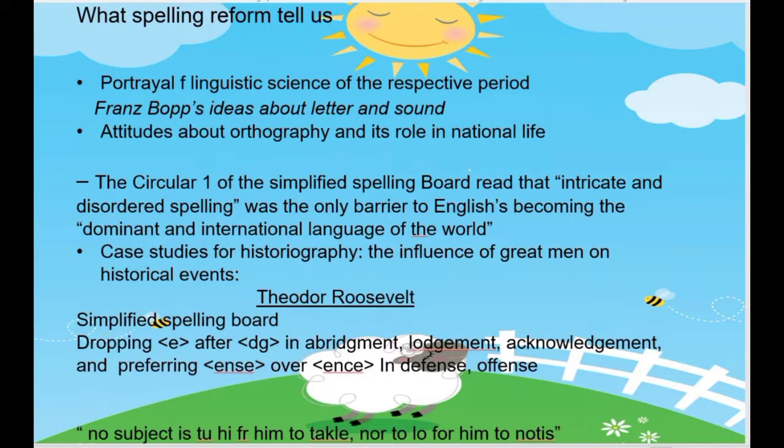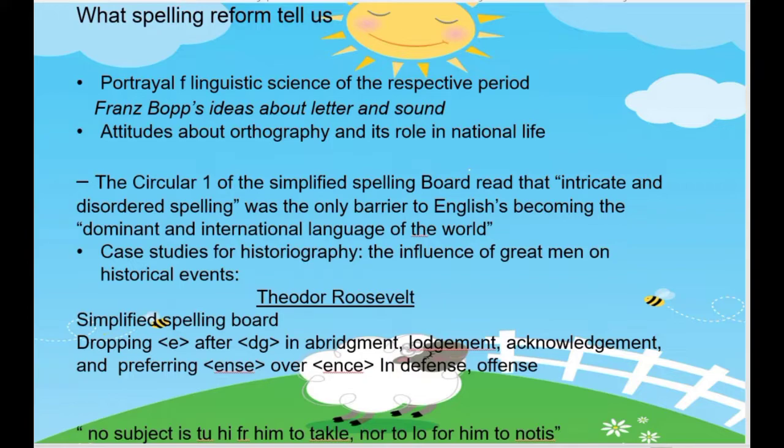Here we have the portrayal of the linguistic science of the respective period. Franz Bopp had his idea of the Latin sound. He was a linguist known for an extensive and pioneering comparative work on languages. The circular of the Simplified Spelling Board read that the intricate and disordered spelling was the only barrier to English becoming the dominant and international language of the world.